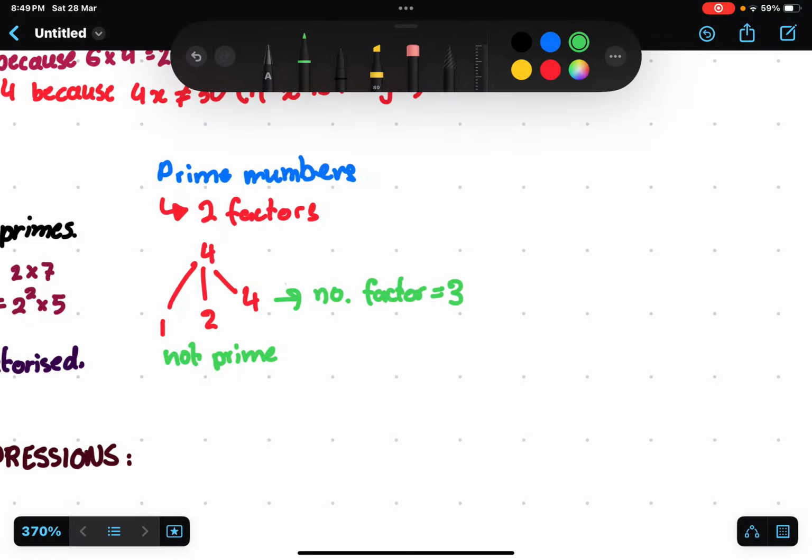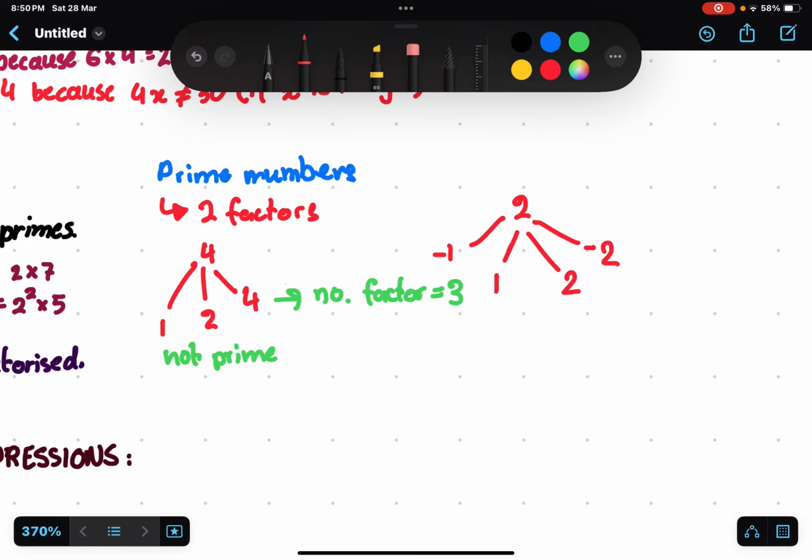Now, if we take another example, let's take 2. 2 has 2 as a factor because 2 divided by 2 is 1, and we've got 1. In this case, we're not going to be taking negative numbers as our factors, because obviously -2 and -1 are also possibilities.